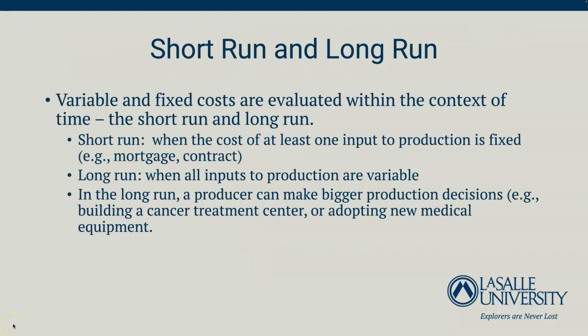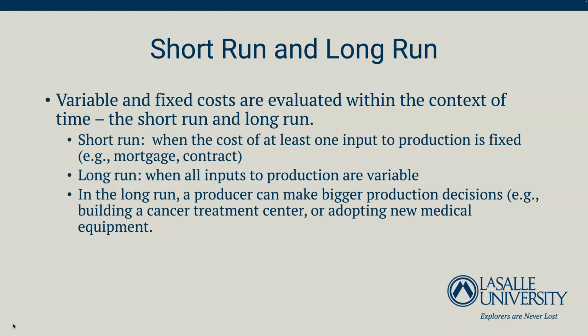Variable costs and fixed costs are evaluated within the context of time, the short run and the long run. The idea here is that in the short run, the cost of at least one input of production is fixed. So you can't build a much larger hospital or a cancer institute immediately. In the short run, you have some fixed costs, but in the long run, all costs are variable costs because all inputs to production are also variable.